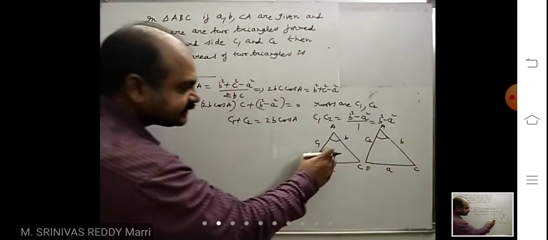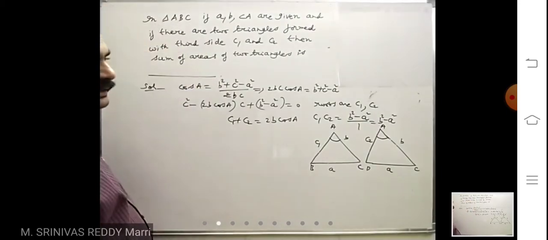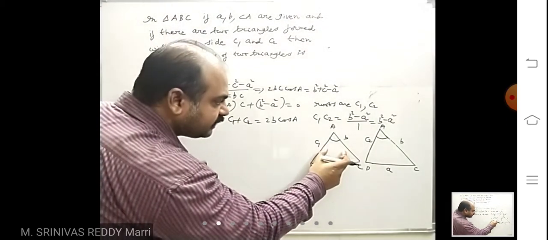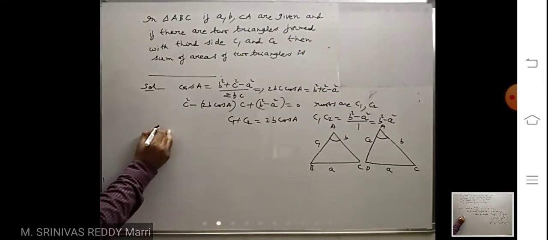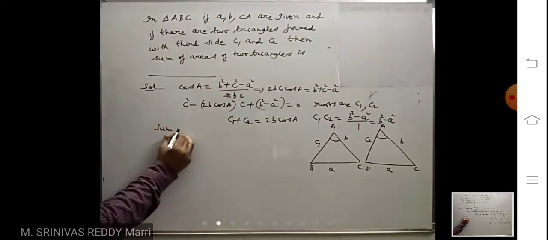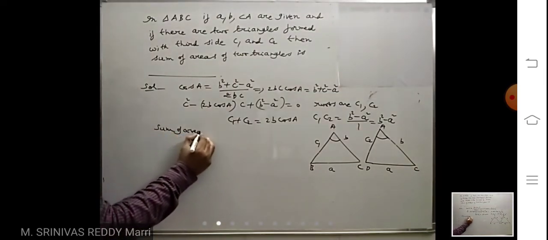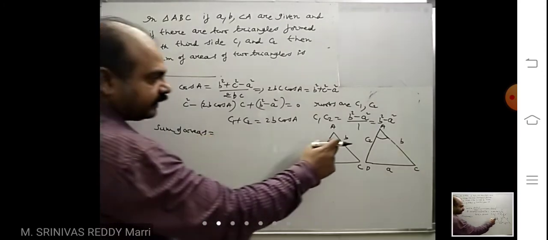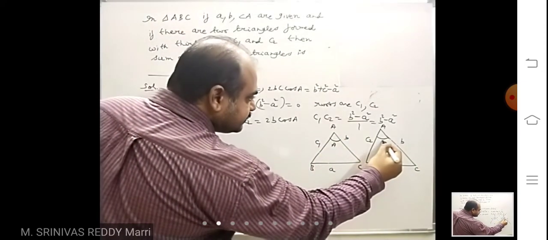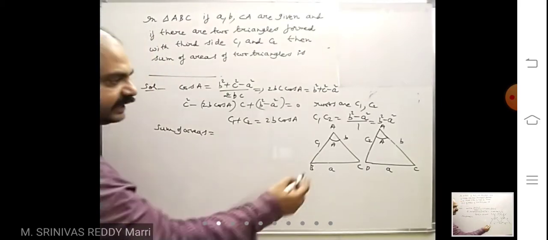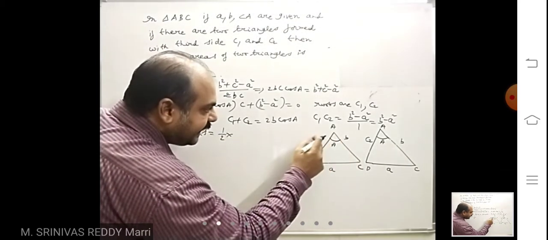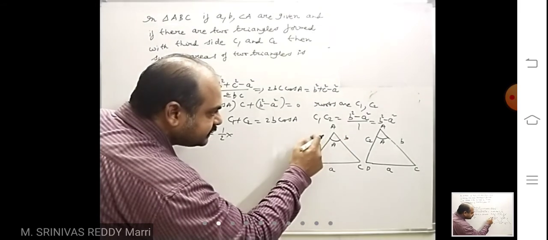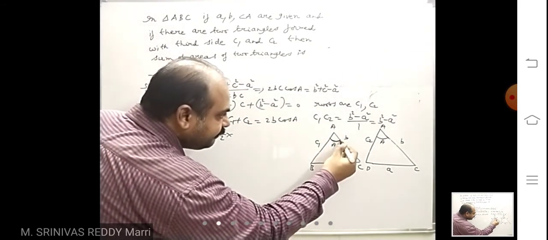Now he is asking the sum of areas of the two triangles. Now look at this, how to calculate the area of the triangle I told. The sum of areas is nothing but, this angle A is given. Half into the product of two sides. This side you know, this side you know, and the angle between them you know.